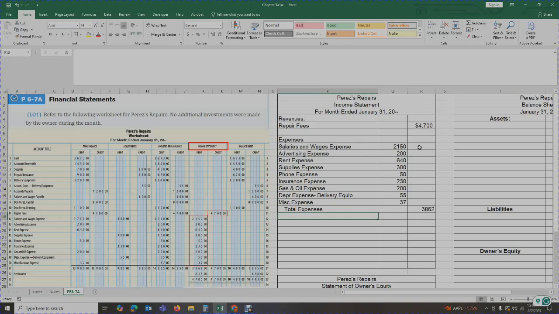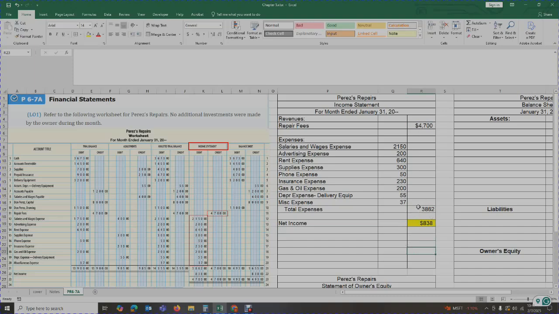So then you ask yourself, which number is higher, your revenue or your expenses? In this case, my revenues are higher, so that means I have net income. If your revenues are greater than your expenses, then you have income. To calculate your income, you get your revenues minus your expenses, and that's going to give you your net income of $838.